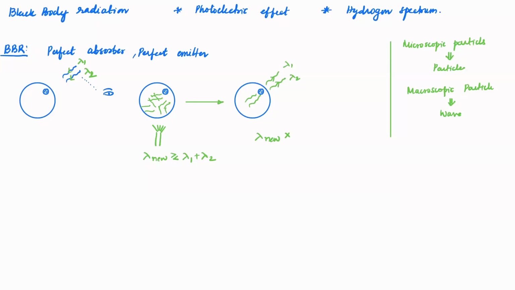If there was interference, the overall wavelength should change and new waves must have come. But that is not happening. This suggests that the interaction with the inner core of the black body is not happening like a wave, but like a particle.